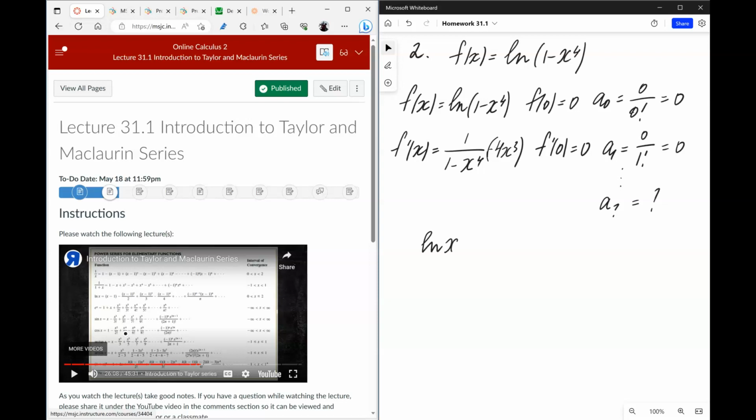Ln of x is this. But we don't have x, we have 1 minus x to the 4. So we're going to replace that.